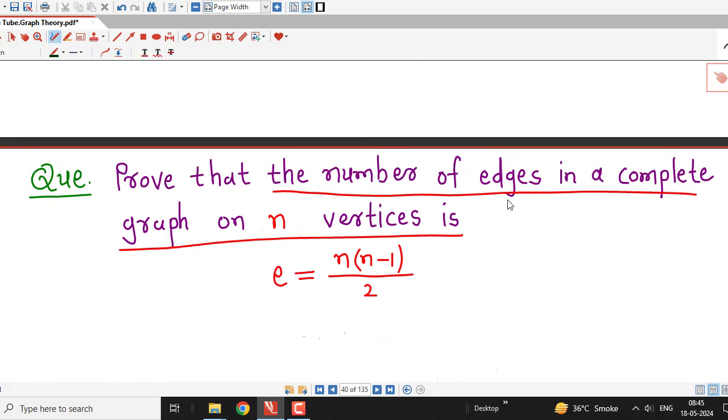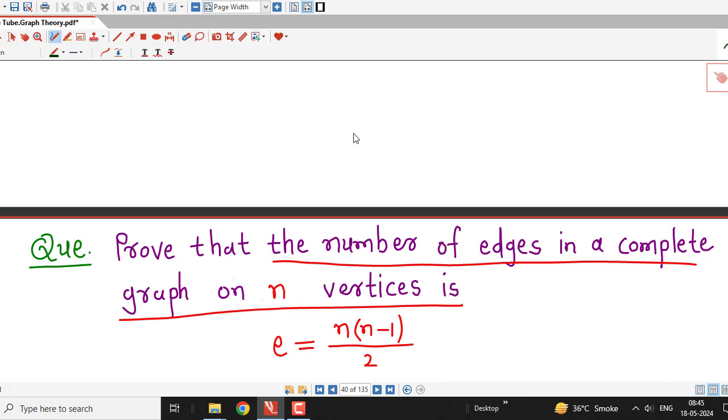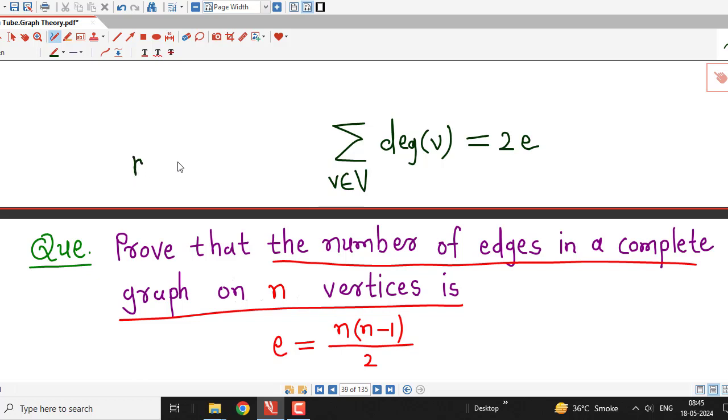We have to use the handshaking theorem. We know that in any graph, if we take the sum of degrees of all the vertices, then it is equal to twice the number of edges, where V is the vertex set of the given graph, and this result is known as the handshaking theorem.